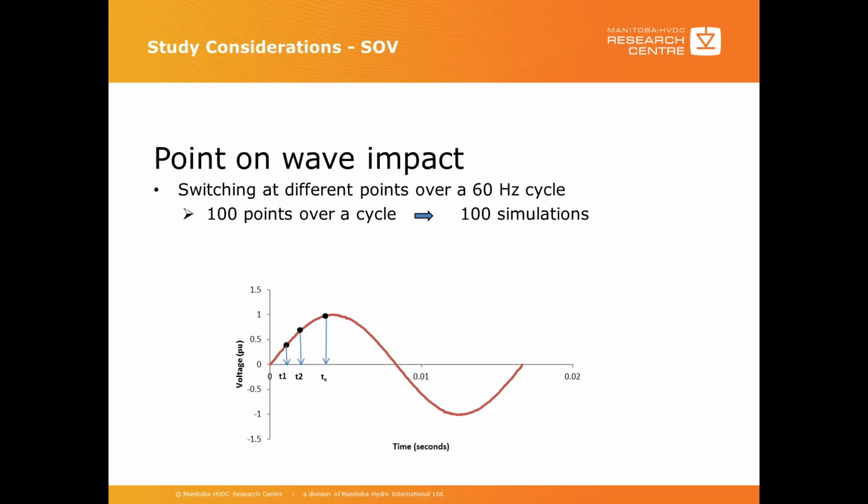So as shown in this example, each of these points, T1, T2, up to Tx, are 1/100th of a 60 Hertz signal. That means the breaker will close at time T1, the next run it will close at T2, and so on and so forth, and capture the maximum overvoltage for each switching at each of those instants.